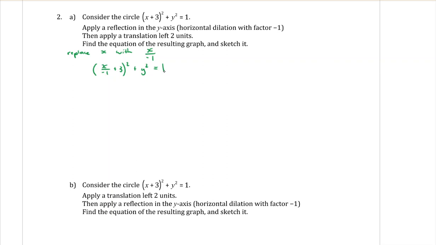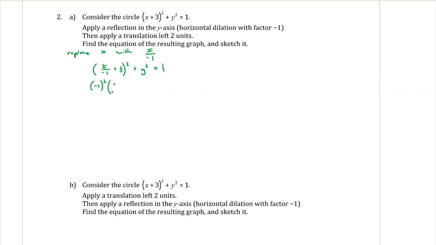Now that negative in there, we want to be able to bring that out so that we can read off the center of our circle. So if I bring out the -1 as a factor, I have to square it because that bracket is squared, and it's just going to become a +1, isn't it?